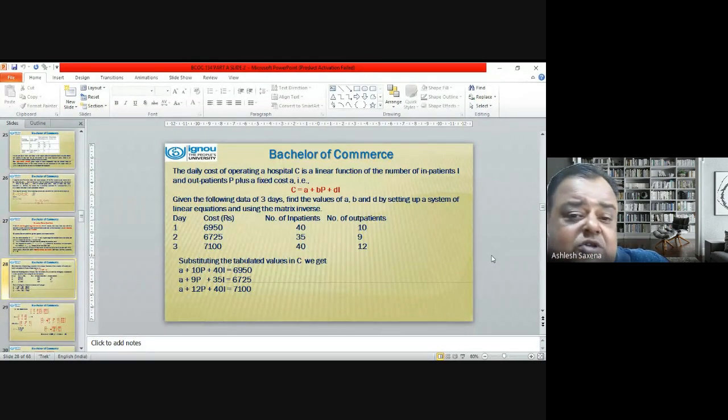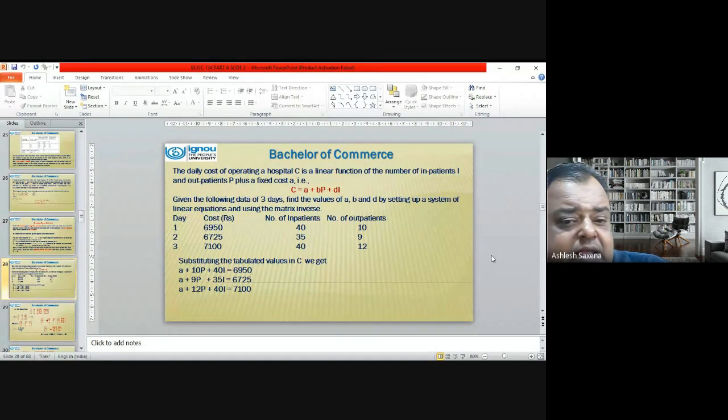The daily cost of operating a hospital is a linear function of the number of inpatients, I, and outpatients, P, plus a fixed cost A. That means the total cost C is equal to A plus BP plus DI.